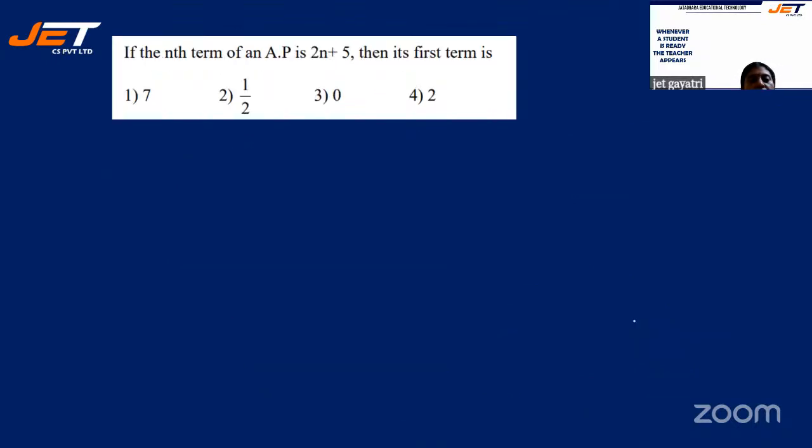If the nth term of an AP is 2n plus 5, then what is the first term? The nth term means an. An is equal to 2n plus 5, right? So n is equal to 1.